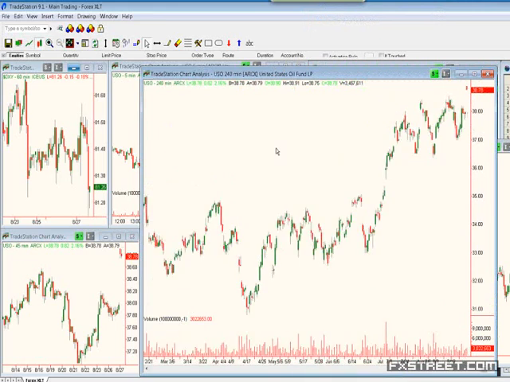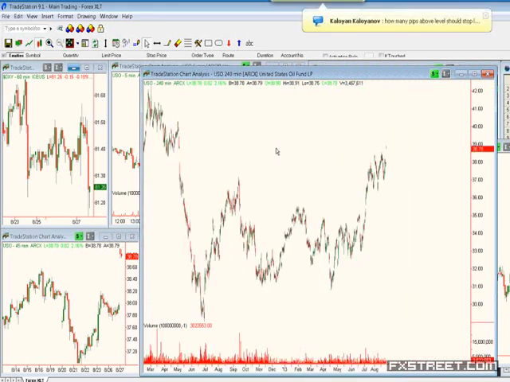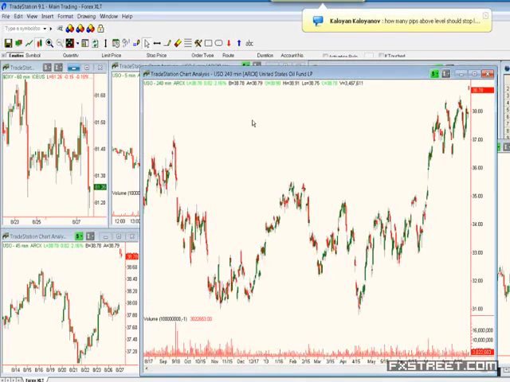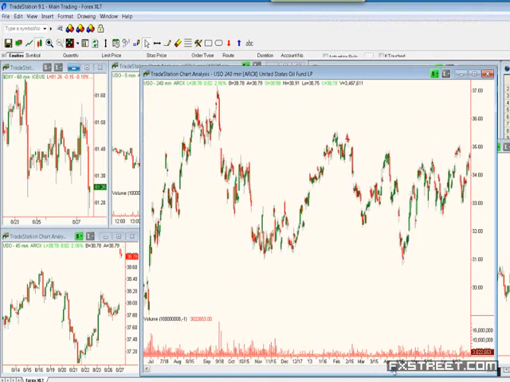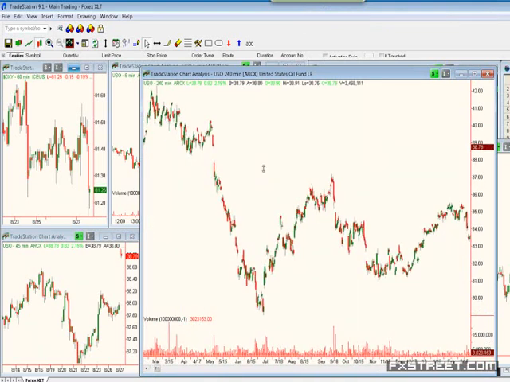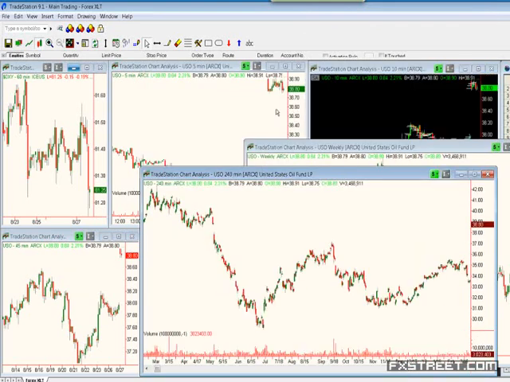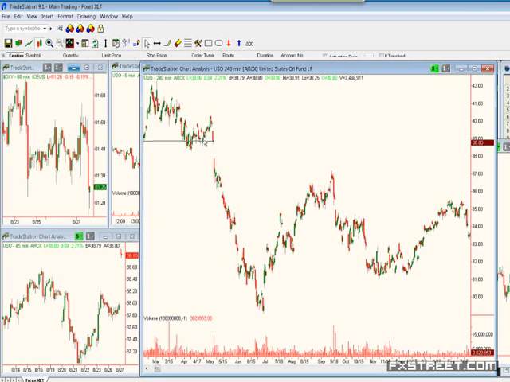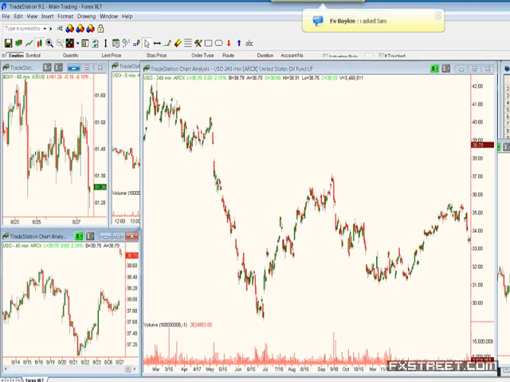Let's check this out. May have an entry like right here. Let me look left. And I know this isn't an FX chart, but it's gapping up to where it's at now. I was just filling that gap. Let's blow this one up.